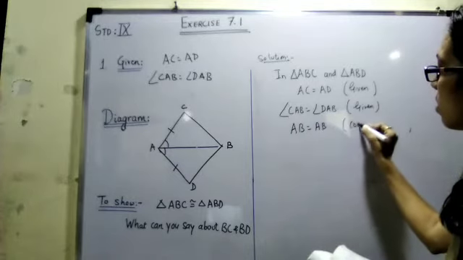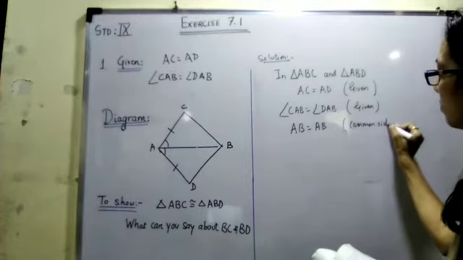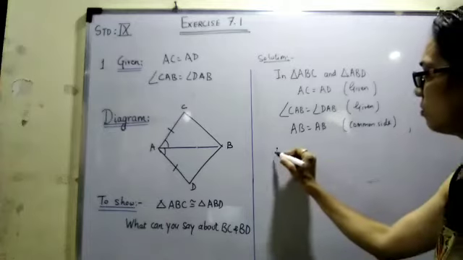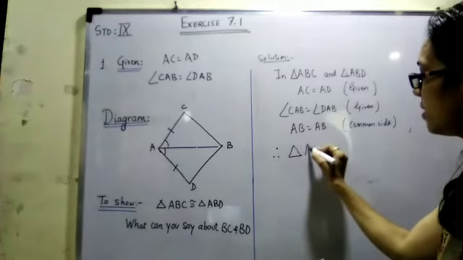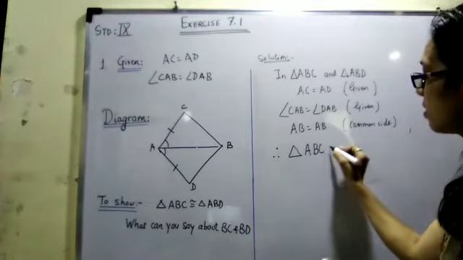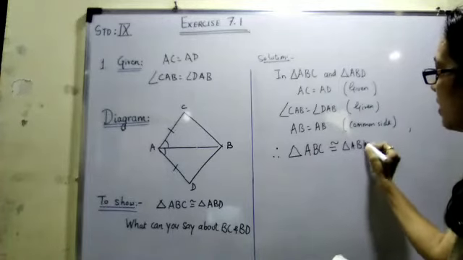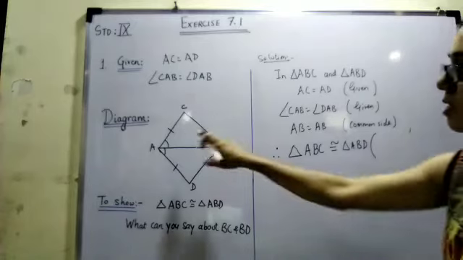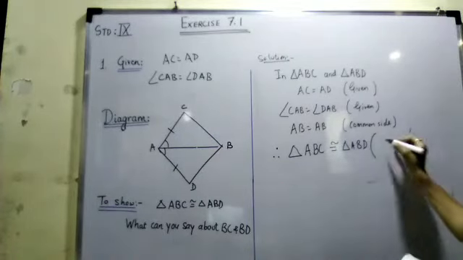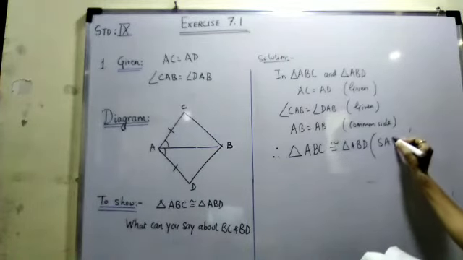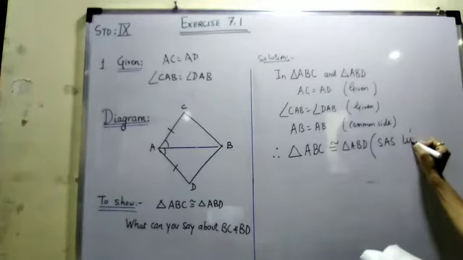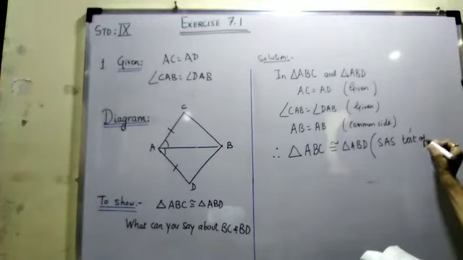This is common side. Hence, I can write down triangle ABC is congruent to triangle ABD, by which test? Side angle side. So it is SAS test of congruency.